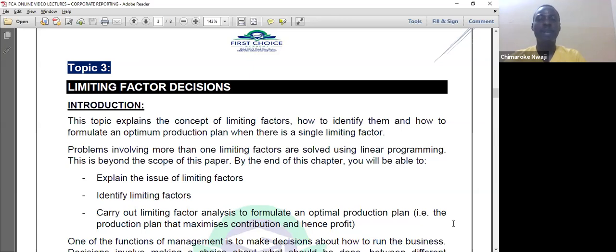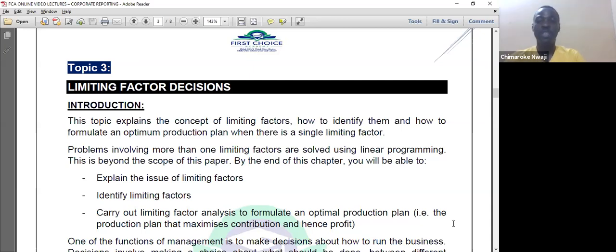Yes, there may be factors that can limit what we are doing in production, but we'll be talking about a single limiting factor. Now, problems that involve more than one limiting factor will be solved using linear programming, and that is beyond the scope of this paper.